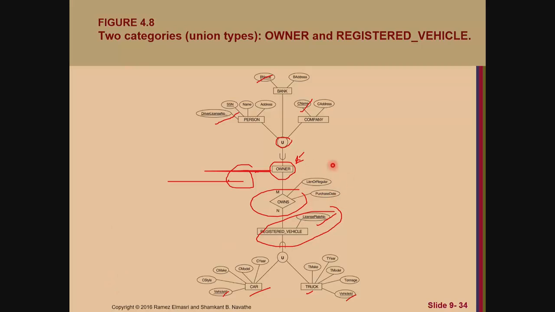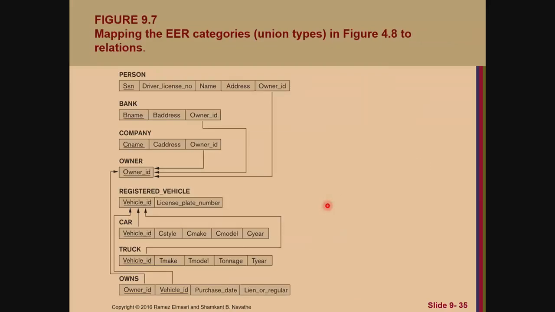Don't forget that in the table. Now here's owner ID, vehicle ID. Both of them become the primary key of the owns relation, and the two attributes as well. Okay. So the point is, if you have the union type and the keys of them are all different, you have to generate a new key. That's all.